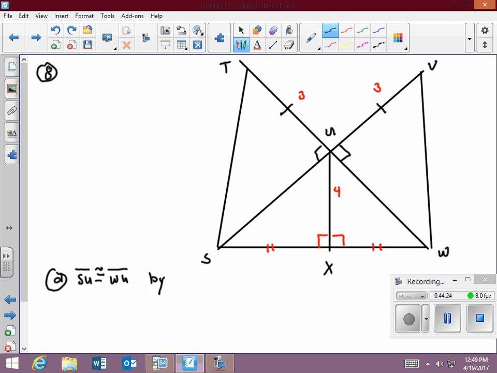And that's what you have: UX is a perpendicular bisector of line segment SW, so this side SU has to equal WU. So that's theorem 4.10.